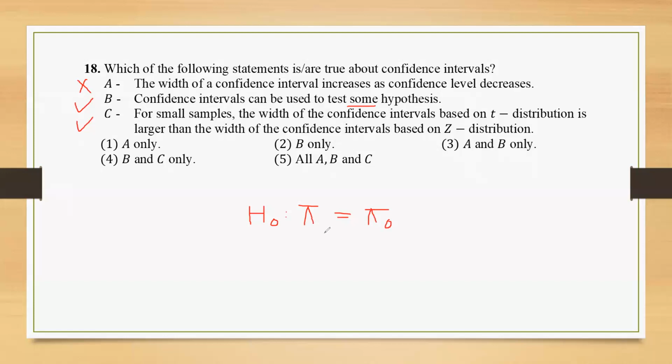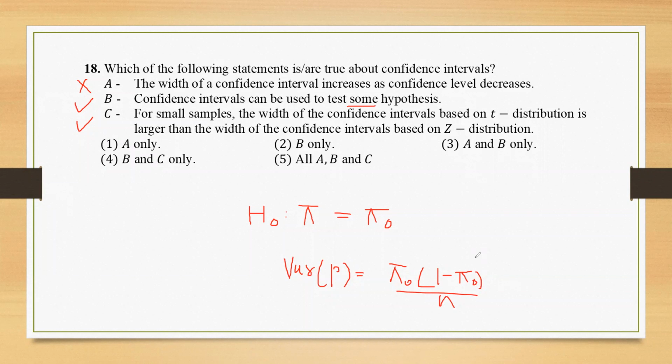When you test this kind of hypothesis and calculate the variance of p, you use the hypothesized value for the estimate. Take a look at the materials here.